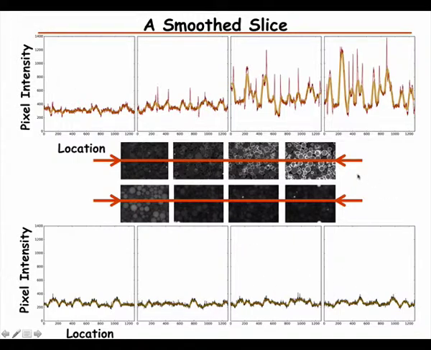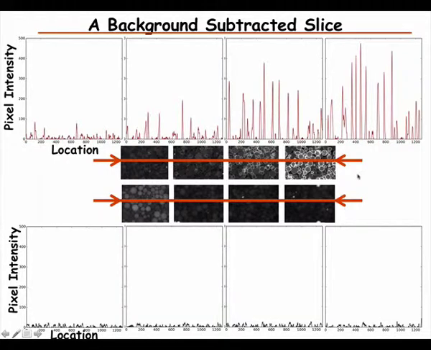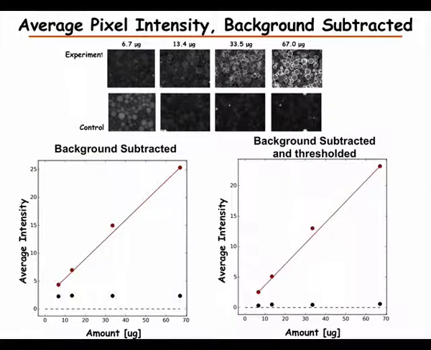So we can then do the subtraction and end up with a case where our experiment is left with our small thin peaks corresponding to the rims, while in the case of the control we only have a little bit of noise left. So you do this for all of the slices. This is just showing it for one of them, but in this case we did it for all of them. And so this is the result then.